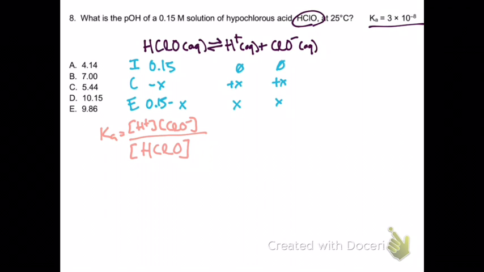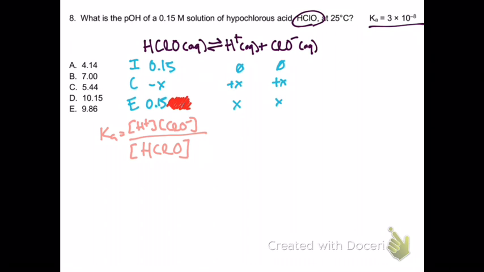And remember that if our K is on the order of 10 to the negative 5th or smaller, we can assume that this change is insignificant compared to our initial amount, unless the initial amount is 0, in which case it is significant. So compared to the 0.15, that change is insignificant.